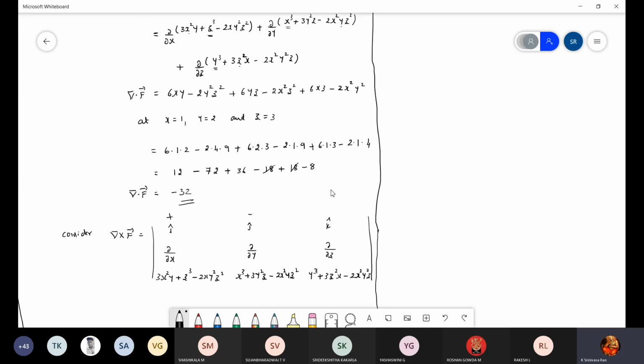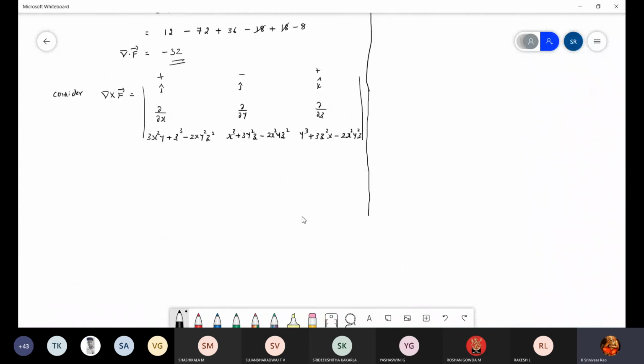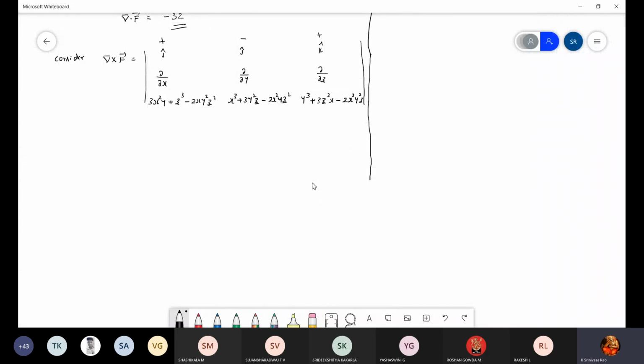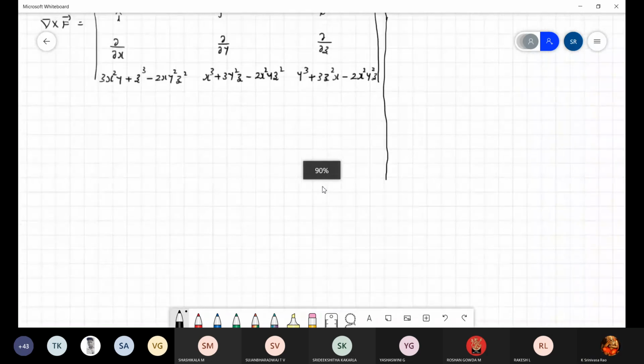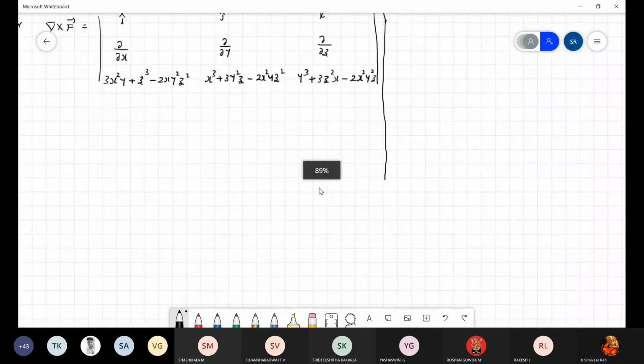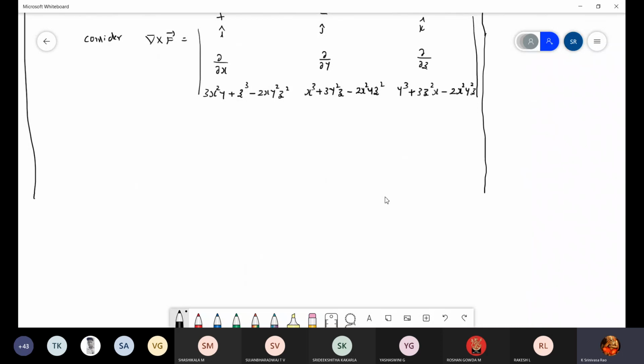Okay, plus minus plus. I will write direct answer, means differentiation. So just I will give some time. Will you do this problem?